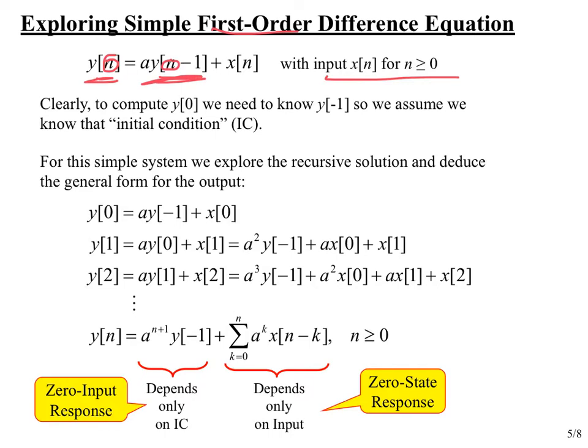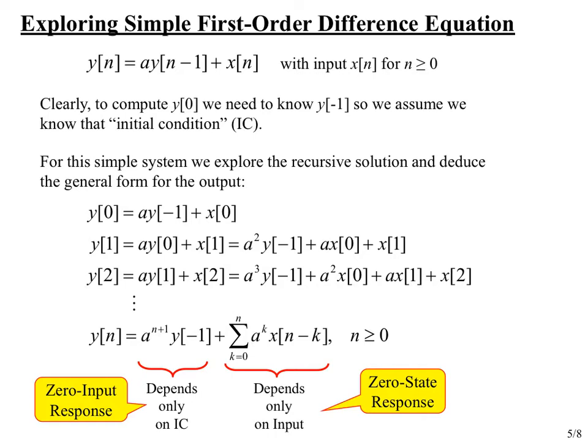And so we'll need to know what y of minus 1 is. And so that is actually what we would call the initial condition that we need in order to recursively solve this.